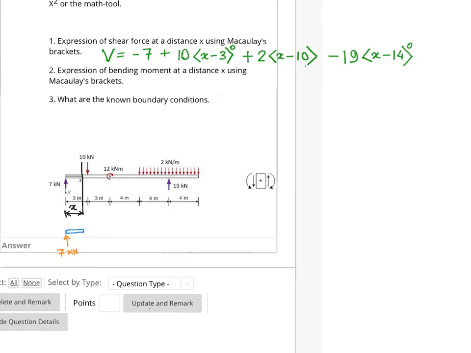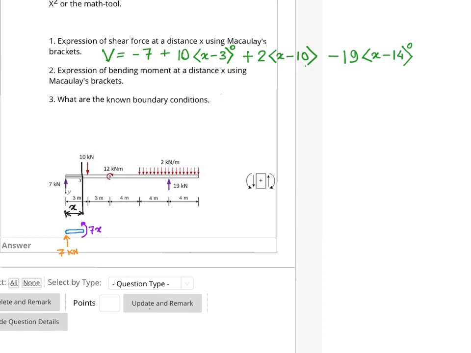So what would be the bending moment at this section x? That would be required to resist the moment due to this load. So this should act anti-clockwise in this way, and this should be 7 times x.